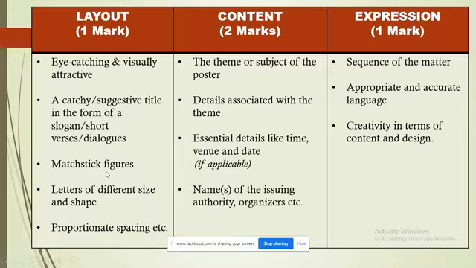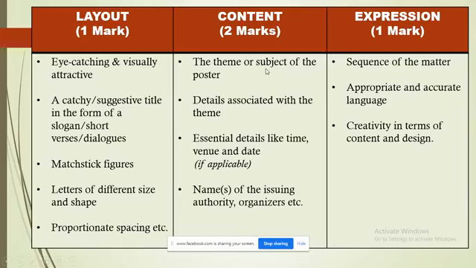You may use, it's not a compulsion, matchstick figures or any other simple sketches, drawings or geometrical symbols. You may use letters of different sizes and shapes, and proportionate spacing is important. You have to be very clear about the spacing. This all comes in your layout.